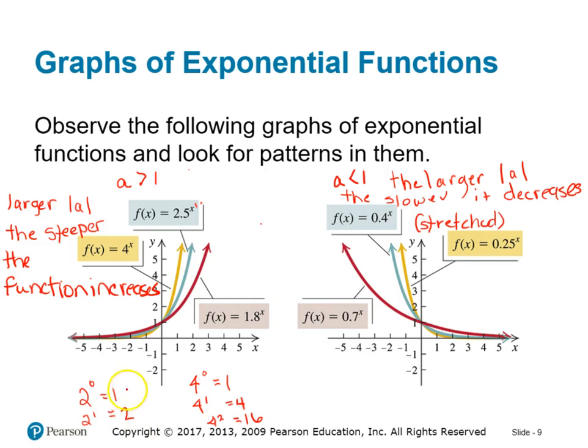Now the 2 squared, that's only going to get me a 4. So you can see that the faster this thing grows, the bigger the base, the steeper it's going to increase. All right.